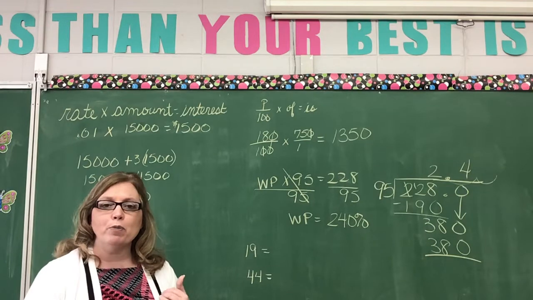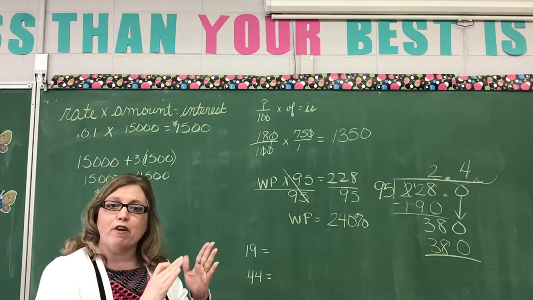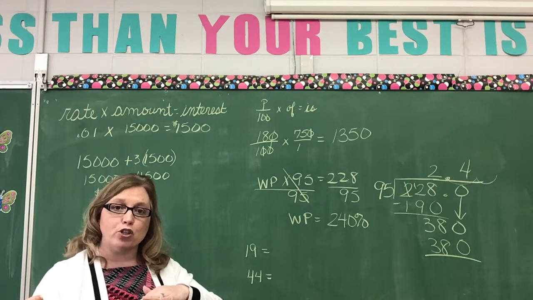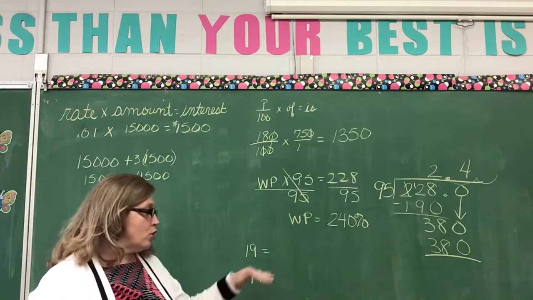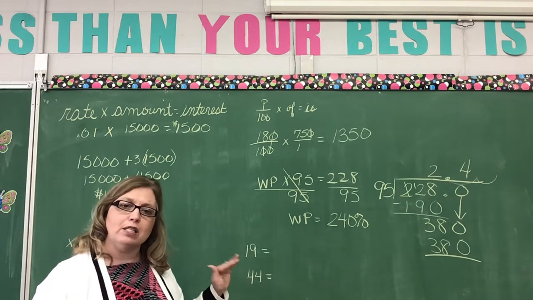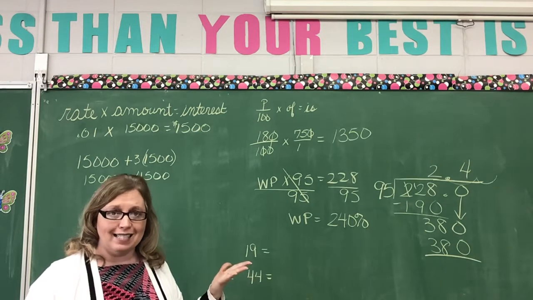Okay? Let's look at these Roman numerals. Remember, with Roman numerals, if you put a small number in front of a larger number, you subtract it. If it goes after the larger number, you add it. So we have the number 19. Closest number to 19 would be an X, because X is 10.